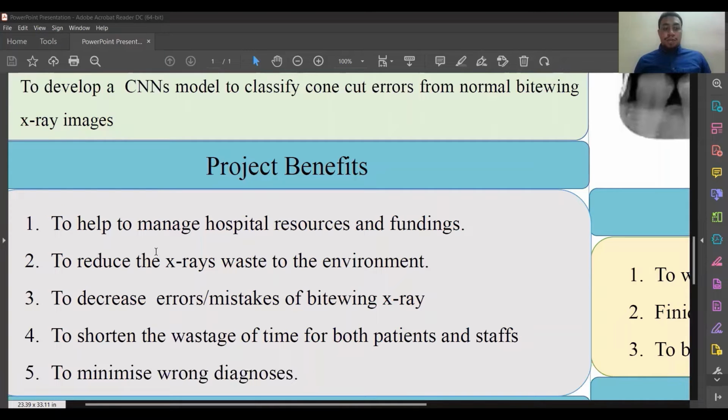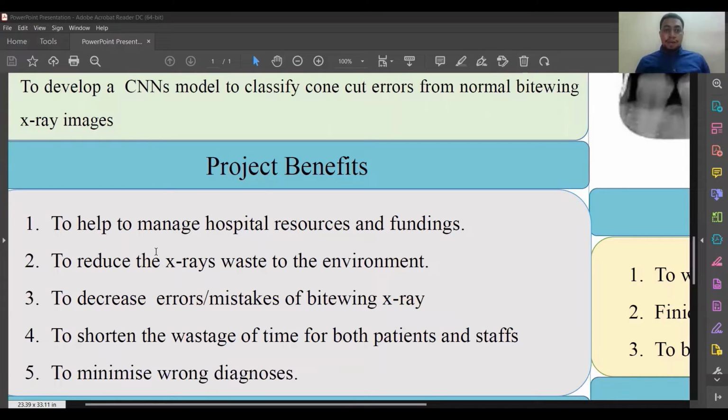And also we will decrease errors or mistakes of Bitewing X-rays, and shorten the waste of time for both patients and staff.